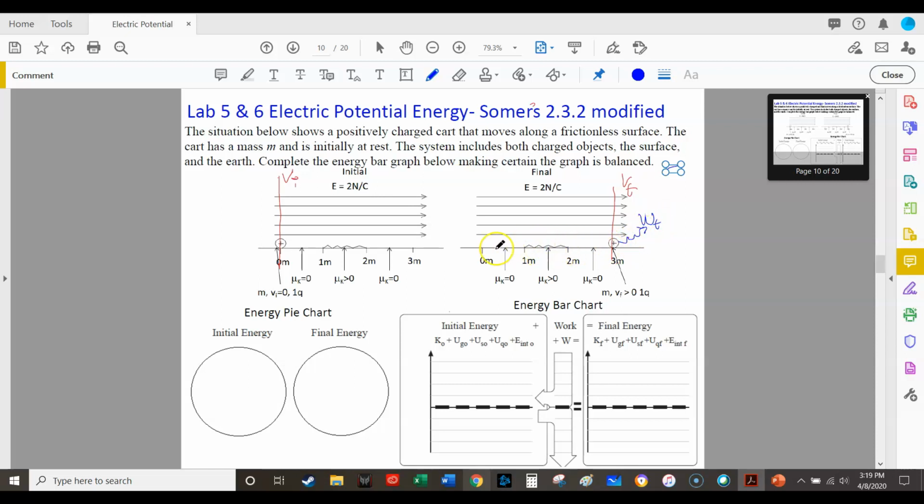It slowed it down. Even though technically the friction is not working on it right here, it was working on it right here and bleeding off the kinetic energy. It converted that kinetic energy to heat through friction, which then left the system. Now it has permanently heated up the object, right?